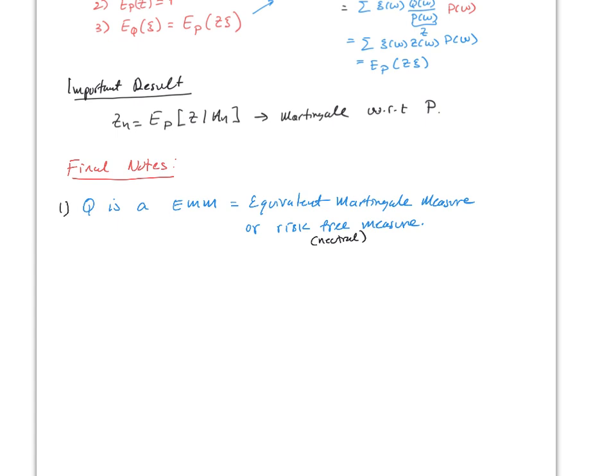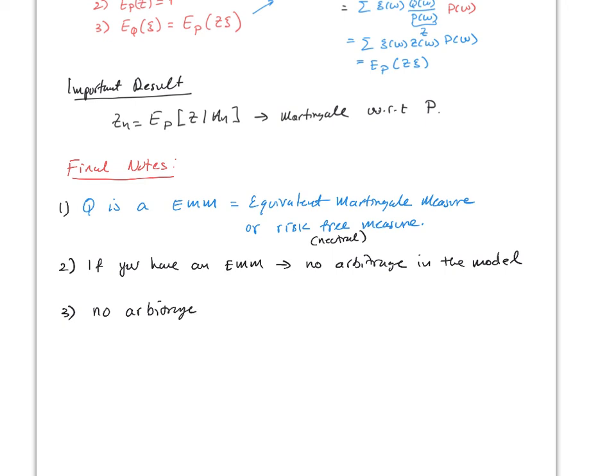So that's number 1. Number 2 says the following: if you have an equivalent martingale measure, that implies no arbitrage in the model, which is what we're trying to do. And finally, the opposite, and by opposite it means this. So if there is no arbitrage, that implies that there exists an equivalent martingale measure.